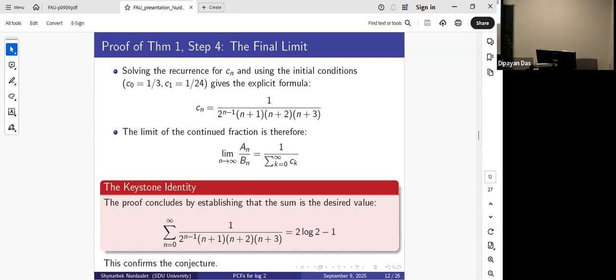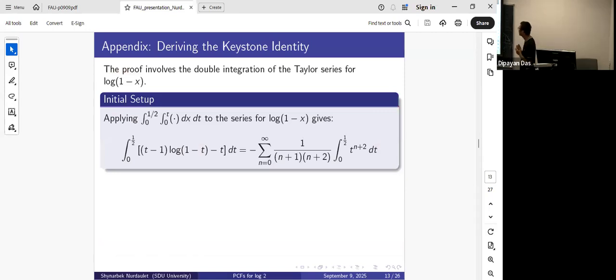Now my task is to find out that the left part, 1 divided by 2 log 2 minus 1, also converges to this limit, or is equal to this limit. So what we have done is just the double integration of both sides.